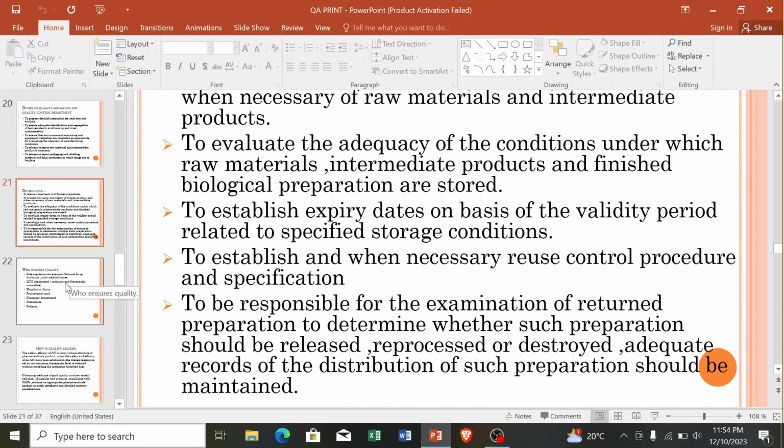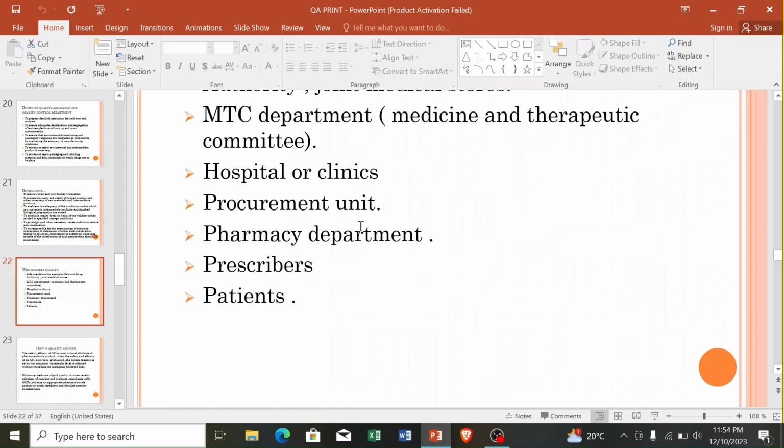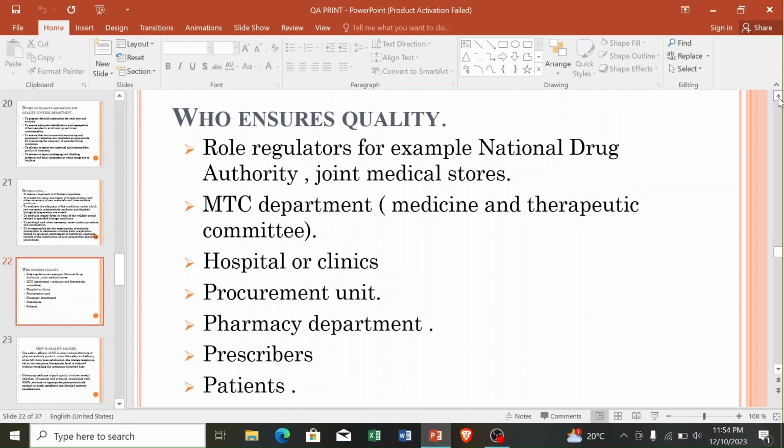So those are the roles and responsibilities or duties of the quality assurance and quality control department.